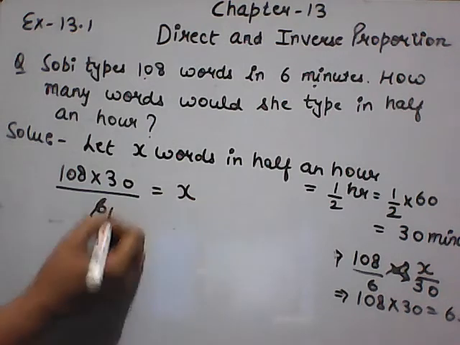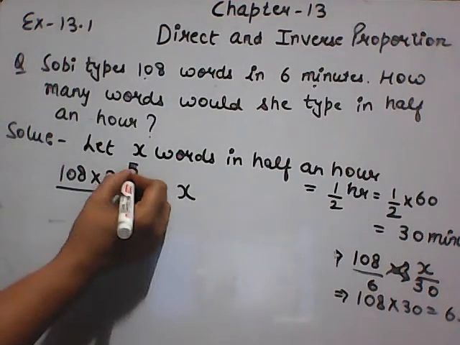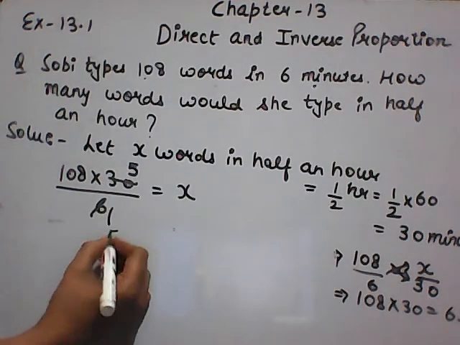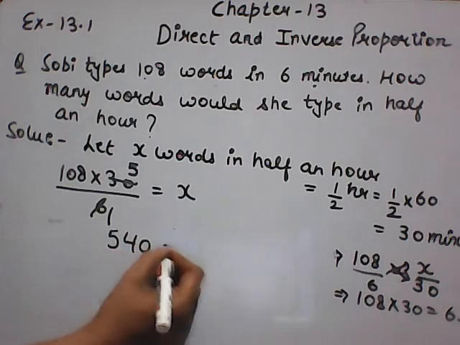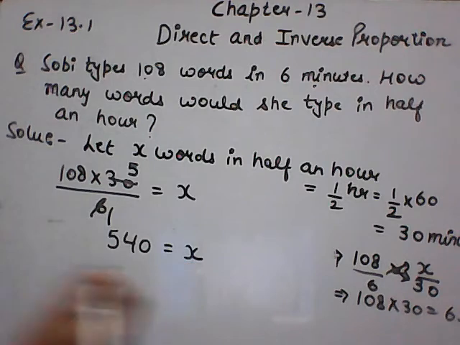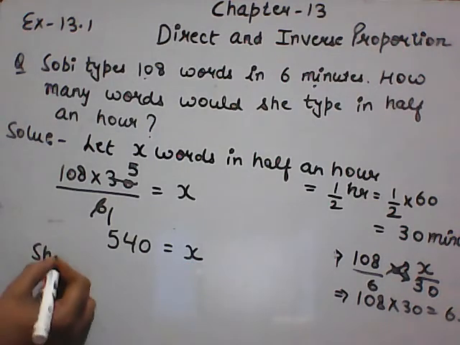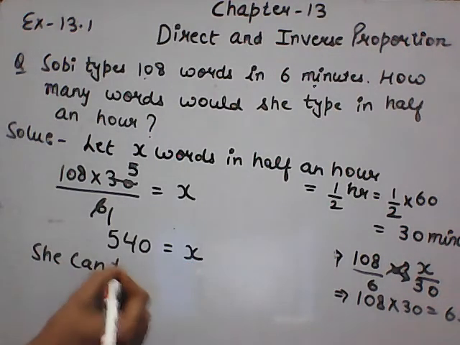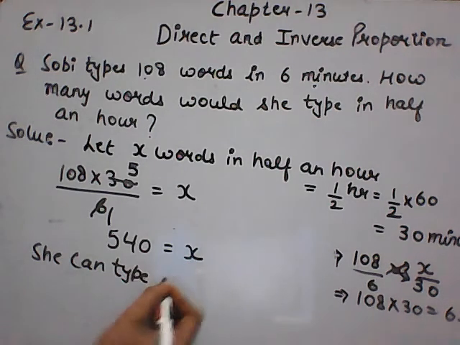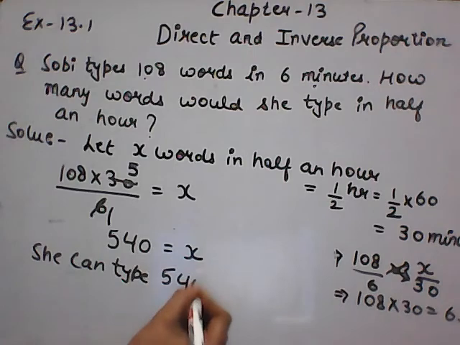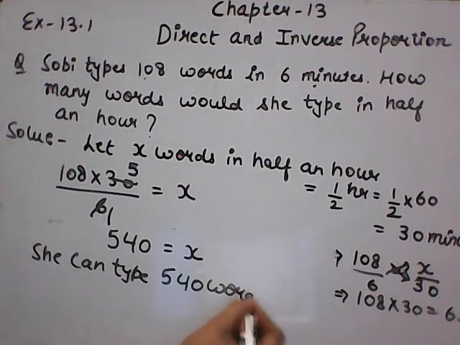Now 6 ones are 6, 6 fives are 30, so 108 multiplied by 5 is 540. Now x is equal to 540. That means she can type 540 words in half an hour.